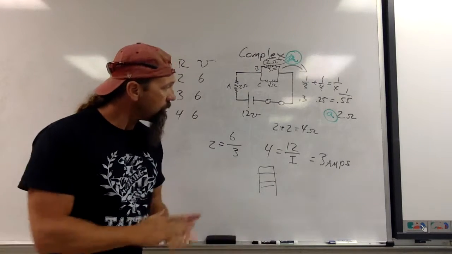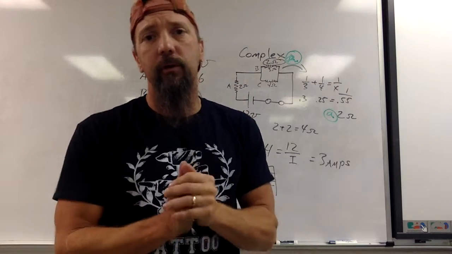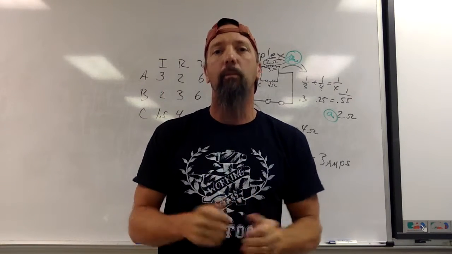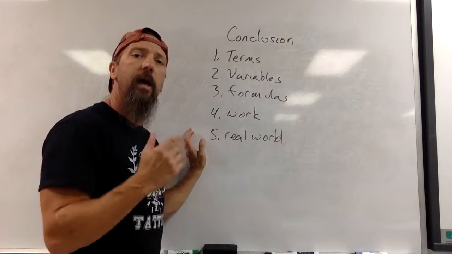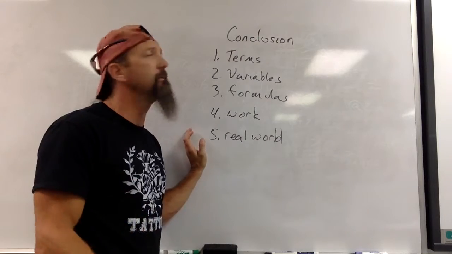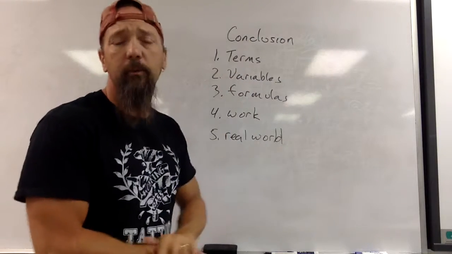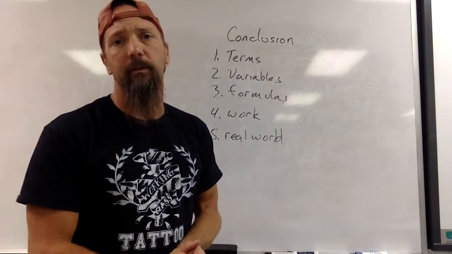Okay? This is what I'm going to expect you to do in this class. If you choose to go down this route and want to make a video proving that you know what's going on, for your conclusion, you have to remember to include all of these things in your videos. Number one, you got to have the terms. What are we going to be using? If you got resistance, you better explain to me what resistance is.